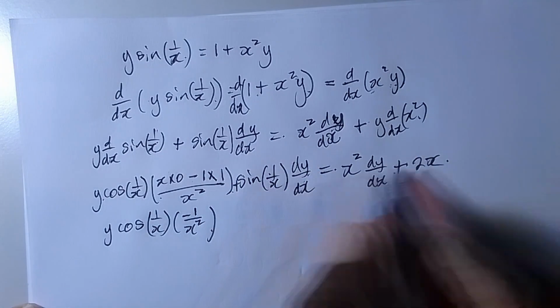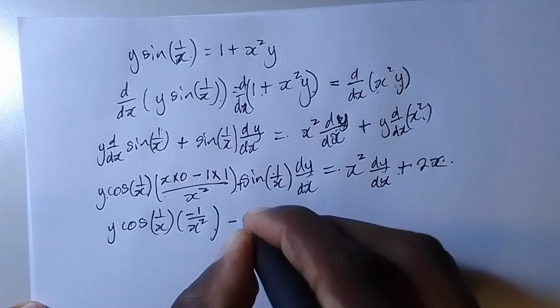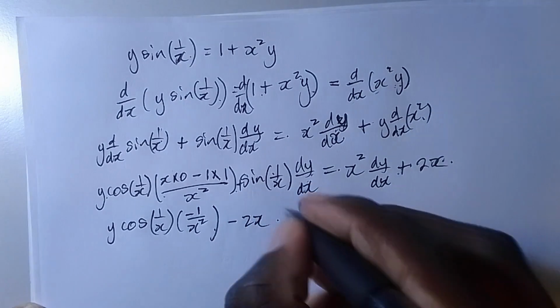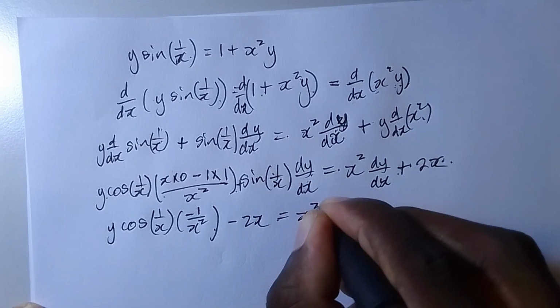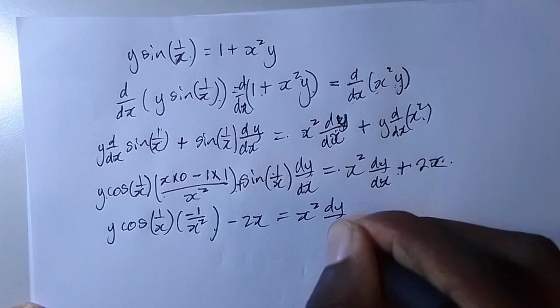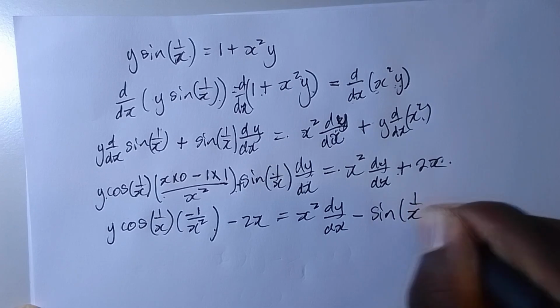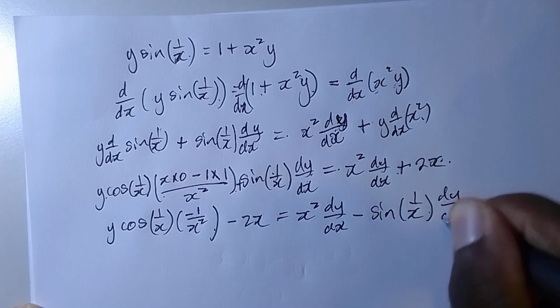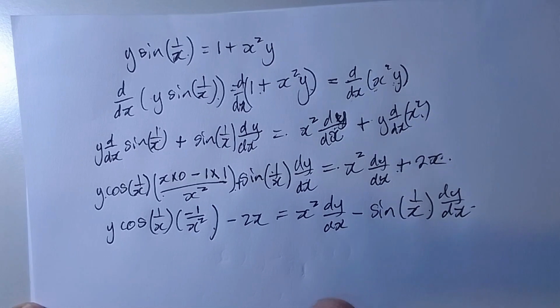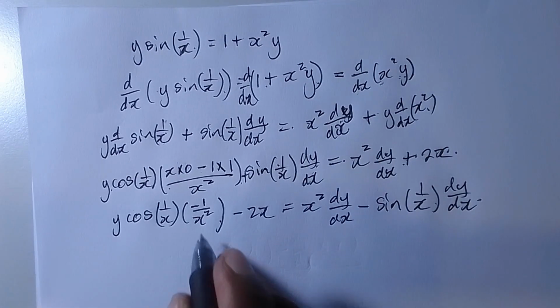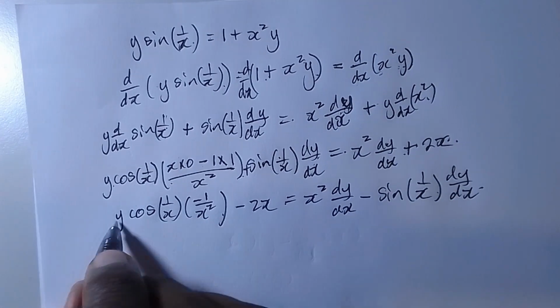This will be transposed to that side, but this will be transposed to the left hand side, 2x, equivalent to x squared times dy on dx minus sine 1 over x dy on dx. Now let us multiply this out.